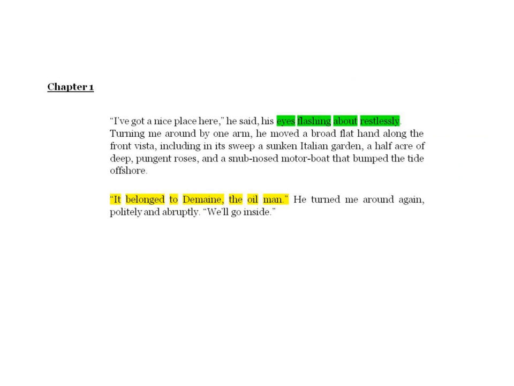More on Tom Buchanan here in relation to desire and materialism. I've got a nice place here, he said, his eyes flashing about restlessly. So that adverb restlessly is frequently used in relation to Tom Buchanan, but it's a characteristic shared by Gatsby. Look at the structuring video.